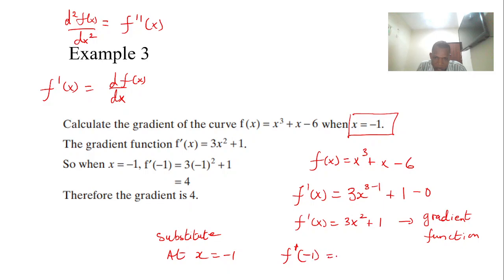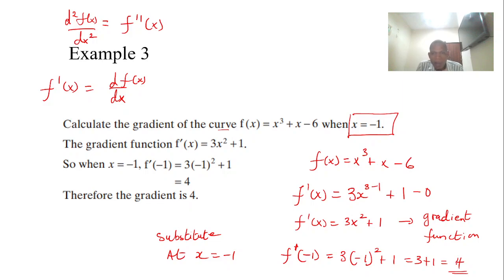Now we plug in the value of x as -1, so you have 3 times (-1) squared, then plus 1. Okay, -1 squared is 1, times 3 is 3, then plus 1, so the answer is 4. So the gradient of this curve at x equal to -1 is 4.